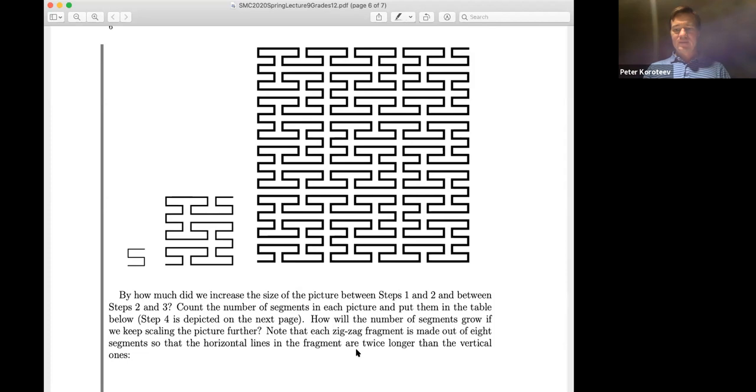And the same with step 3. Are the questions clear or not quite? Just count the length in units of those. So yes, we have 2, that's 1, 2, 8. Right, it's 8. Good.